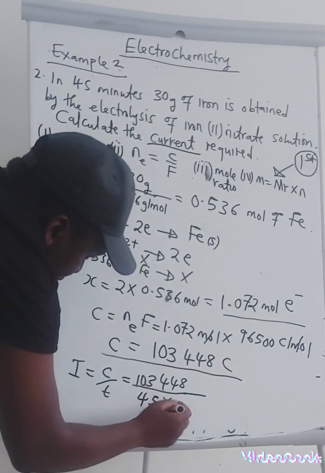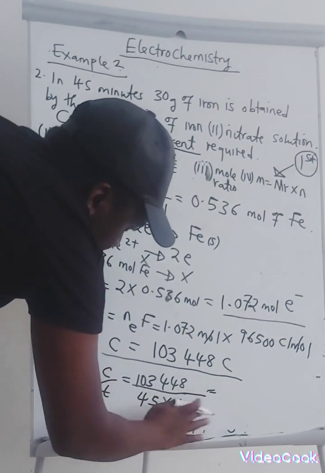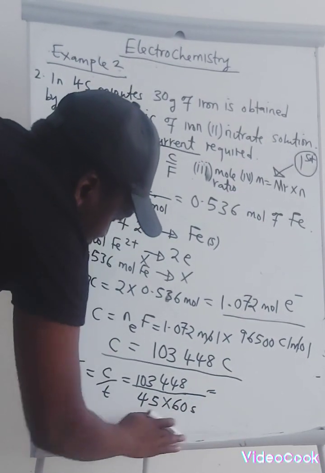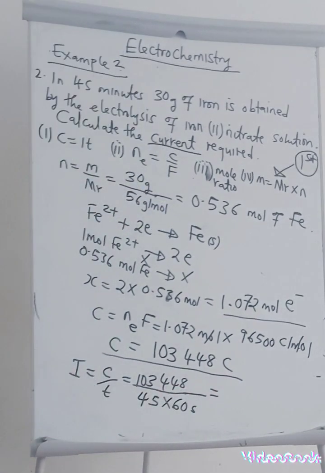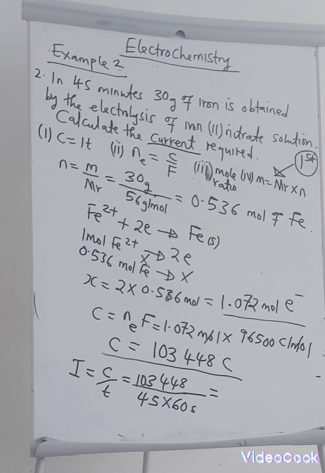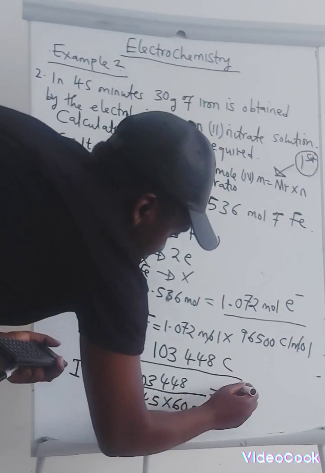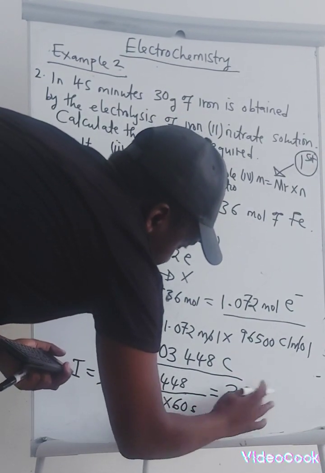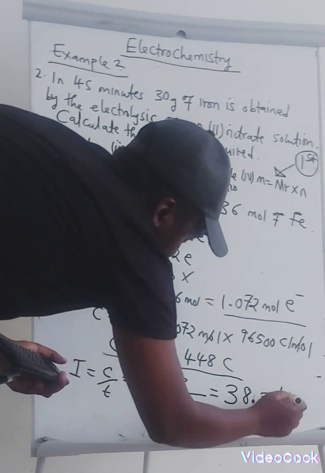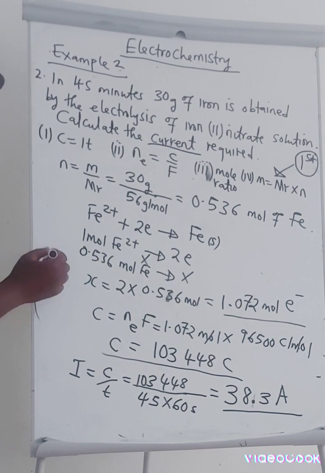We change it to seconds by multiplying 45 by 60. So this is equal to 38.3 A.